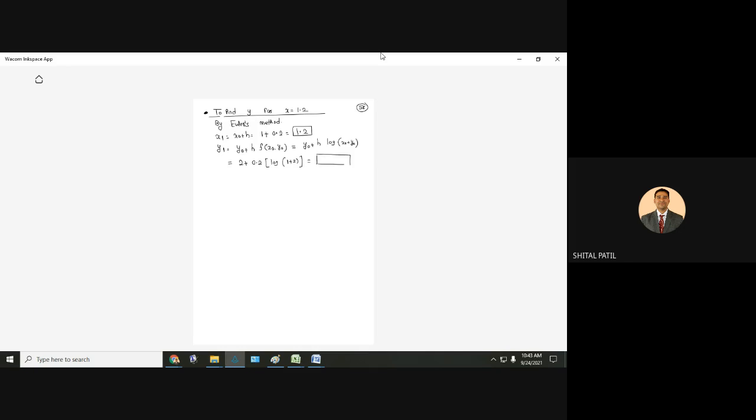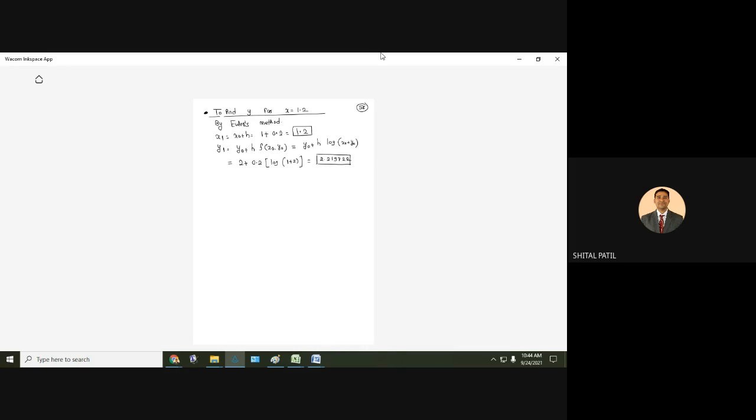How much is the value? Use ln on the calculator. ln of 3 into 0.2. Please do it. 2.219722. Very good.